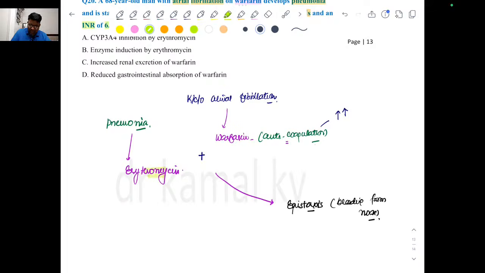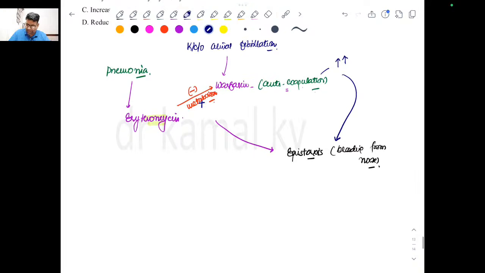If erythromycin will inhibit the metabolism of warfarin. So, the anticoagulation will increase, and therefore patient will develop bleeding, and if you check INR, the INR will also be high.